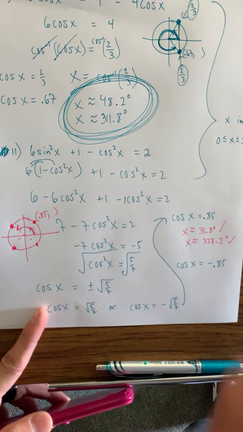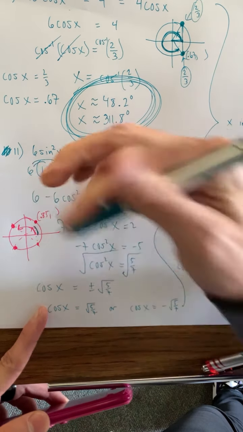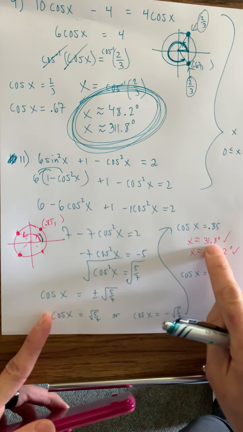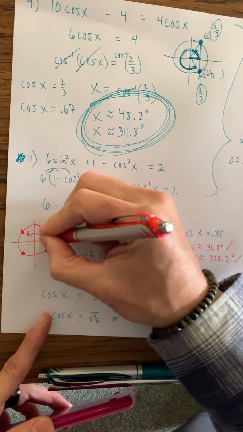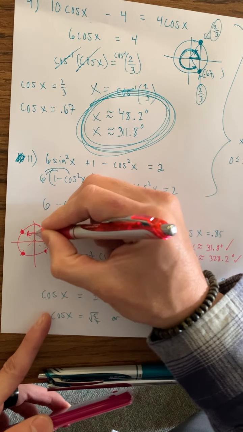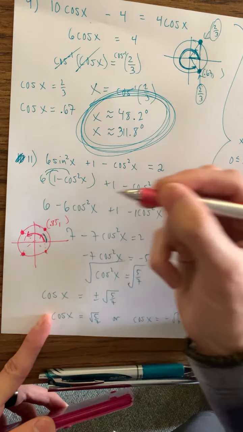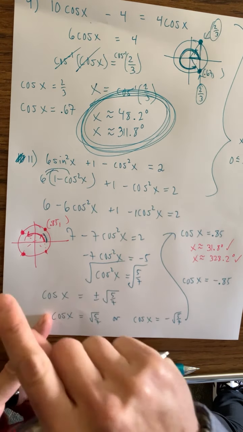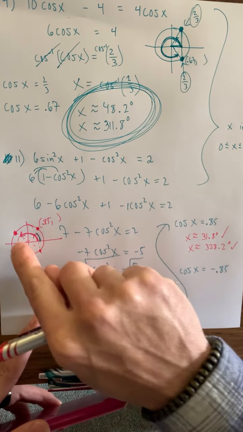What I want you to see is that this one here in blue was about 31.8. What I want is this one, and that is close to 180, but a little bit shy of 180. Specifically, it's 31.8 degrees shy of 180.